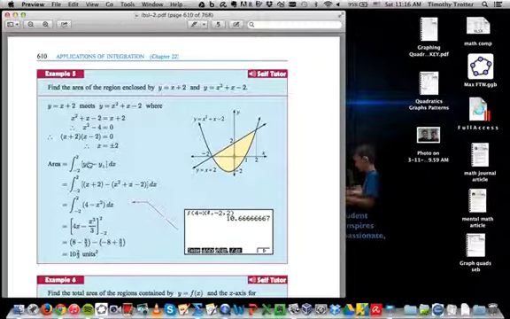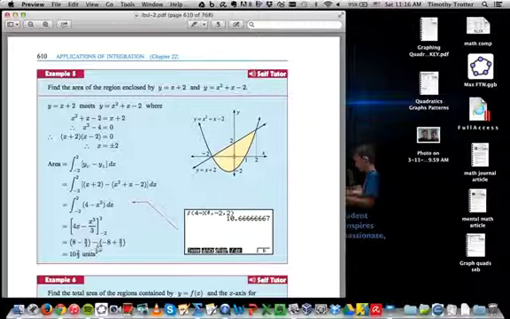So we simply do the upper function minus the lower function from those two boundaries. Again, we find the antiderivative of this and the antiderivative of this, or we can simplify this expression as they have done here, and then just find the antiderivative of this. Now we substitute the 2 in for both of these x's, and we get this. We substitute -2 in for both of these x's, and we get this.